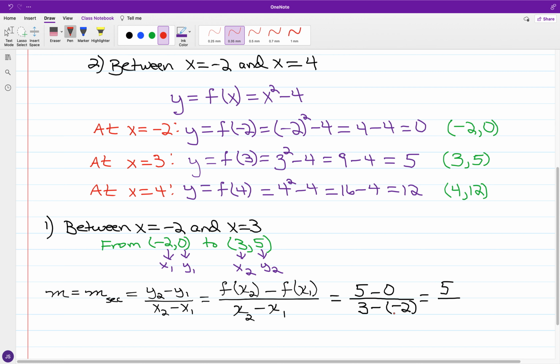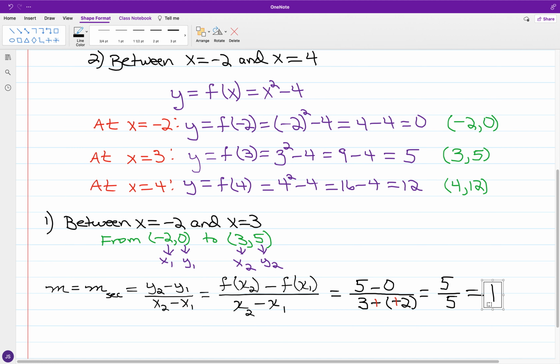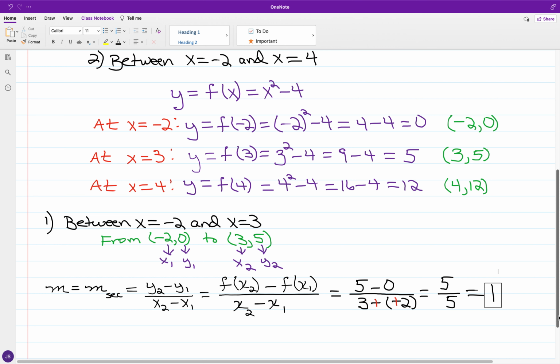And for x of 2 minus x of 1, we have 3 minus -2, so that will become 3 plus 2. And 5 over 5 is equal to 1. So between x equals -2 and x is equal to 3, the average rate of change, or in this case the slope between those two points, comes out to 1.